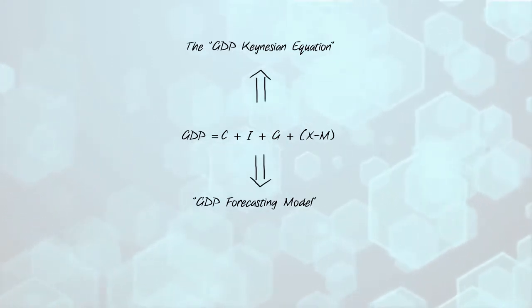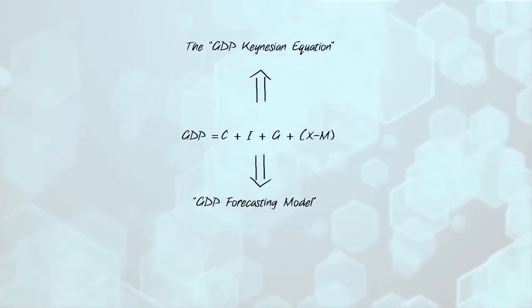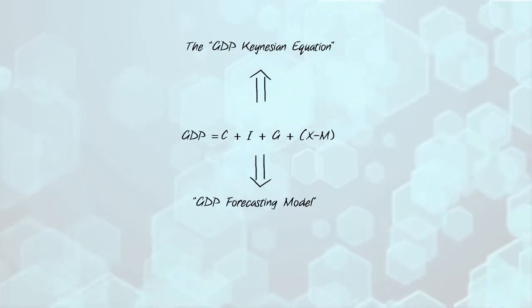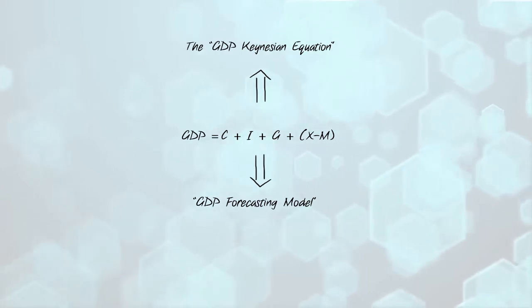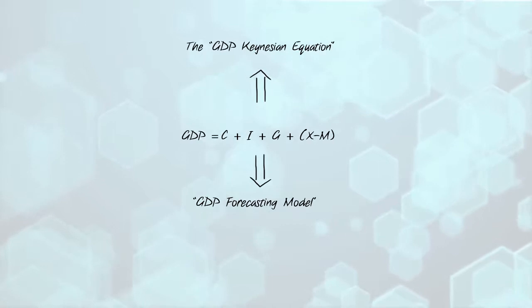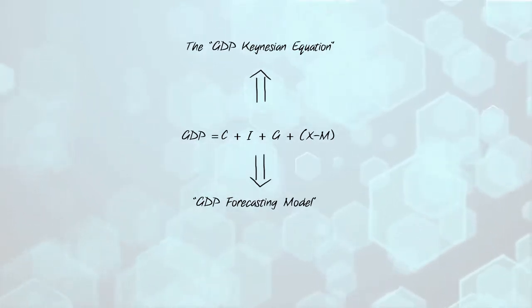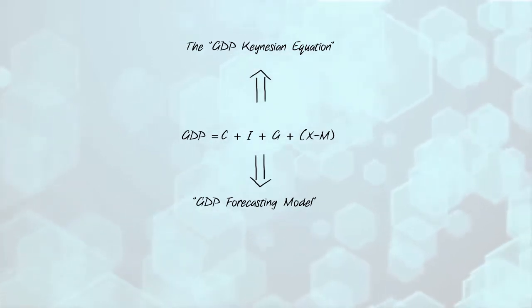In this course, we will make great use of this expenditures approach formulation when it comes to learning how to forecast the economy, and we will refer to it hereinafter in shorthand form as the GDP equation or GDP forecasting model. So let's pause the presentation now a moment as you study this equation carefully and commit it to memory.